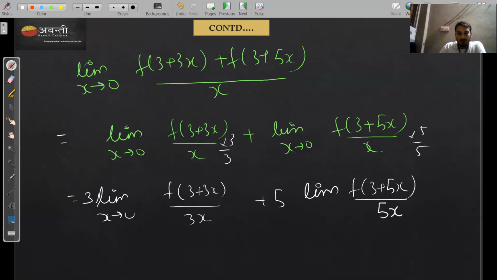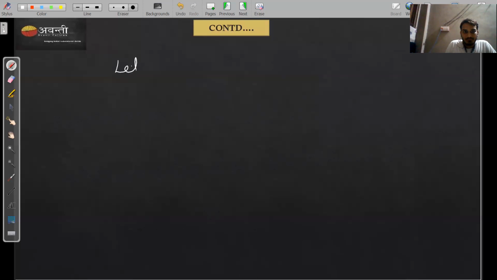Now tell me the value of this limit. Let 3x be t and 5x be h.